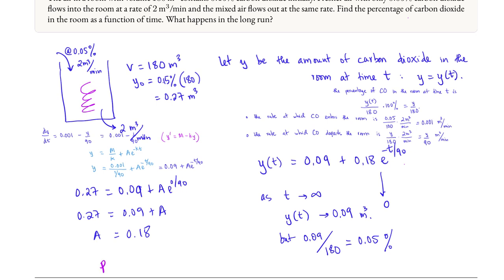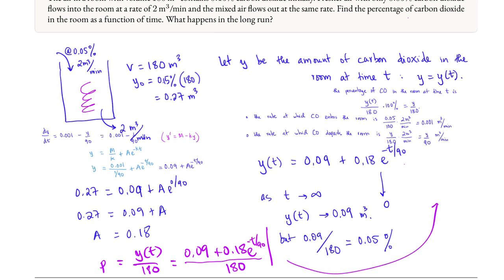And so the function p, p for the percentage, equals y(t) divided by 180, but y(t) is 0.09 plus 0.18 e to the negative t over 90, and we take this divided by the volume of the air in the room.